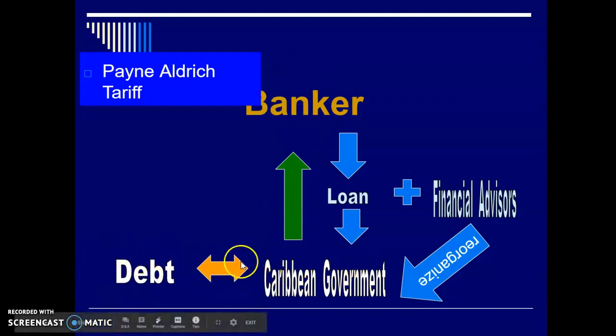The idea, though, is that the debt never really goes away because the Caribbean governments oftentimes do not spend the money on the types of infrastructure that they need. They also are not encouraged to diversify their crops, to diversify their economy, and to create wealth by creating a stronger economy. Oftentimes, this debt cycle only really enriches the U.S. bankers. But the government's reorganized.